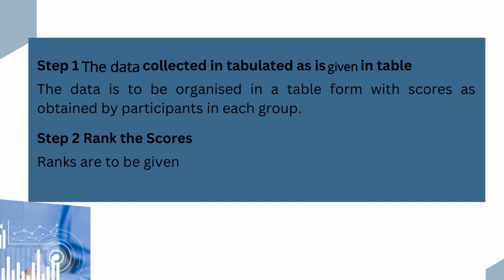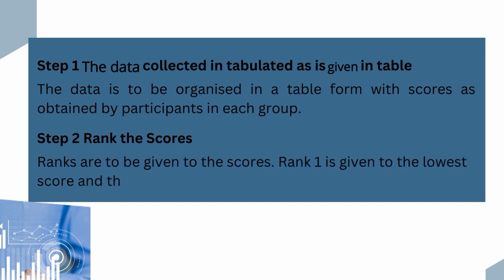In a similar manner, ranks are to be given to the scores. Rank 1 is given to the lowest score, and the last score gets the highest rank. Tied ranks are also given as was discussed earlier in the previous section.